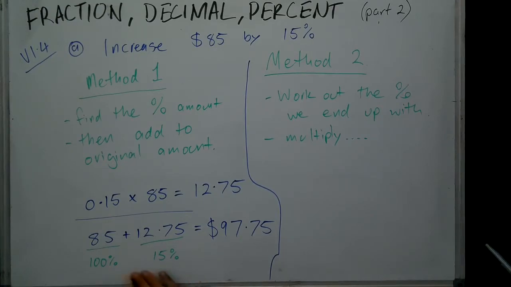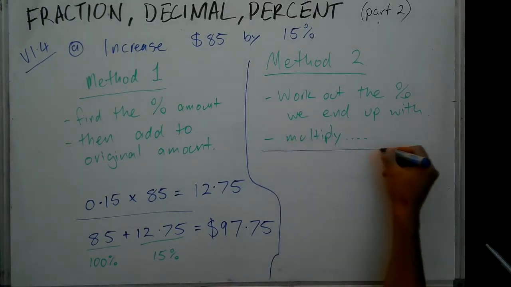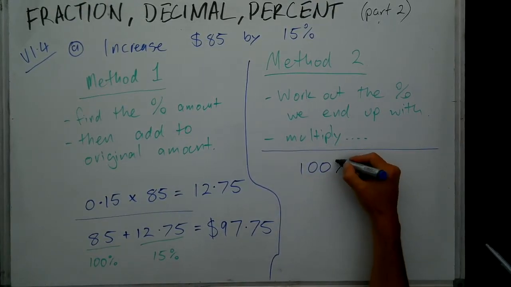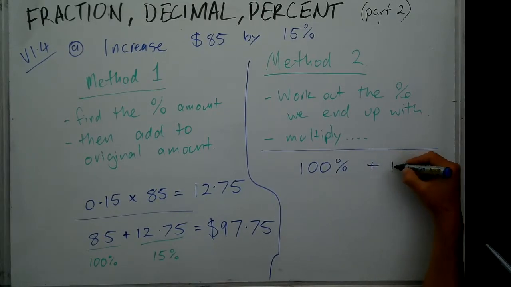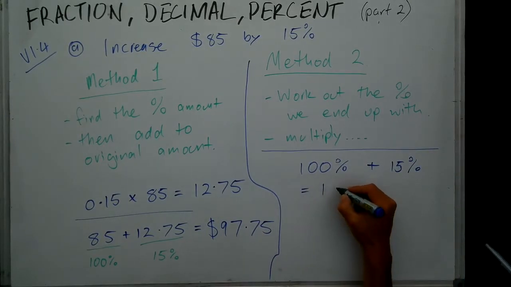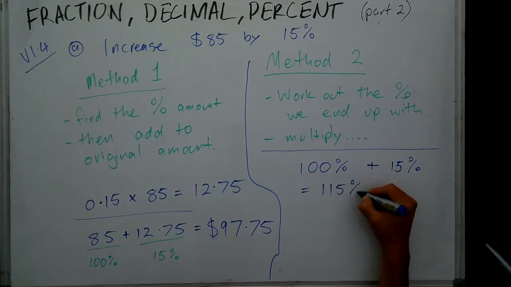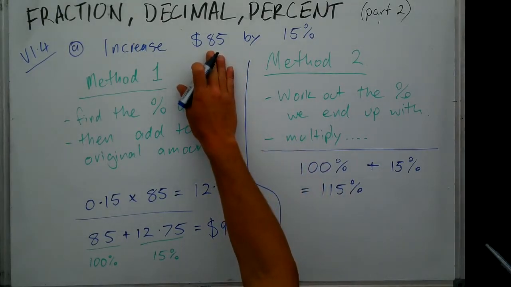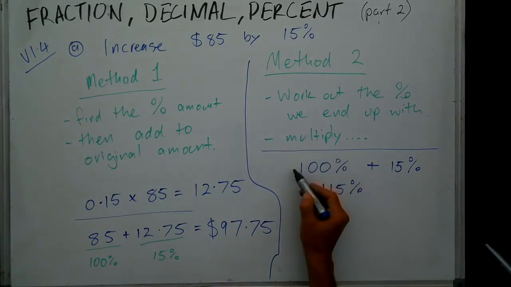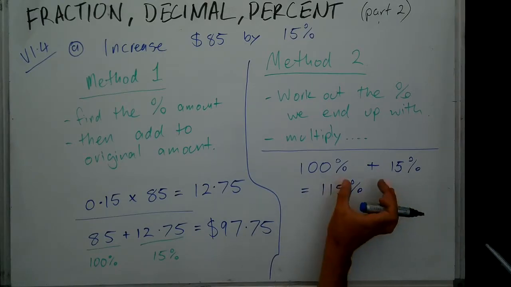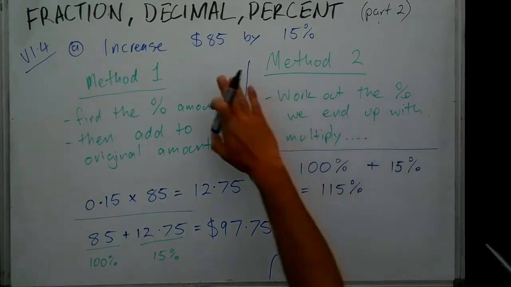So kind of like I had down here, we want to find, that's our $85, 100%, and we're increasing it by 15%. So this essentially equals our final answer, which is going to be 115% of the original amount. So what happens is we get $85 for this bit, $12.75 for this bit, but this bit combines those because we're talking about the percentage of the same number.